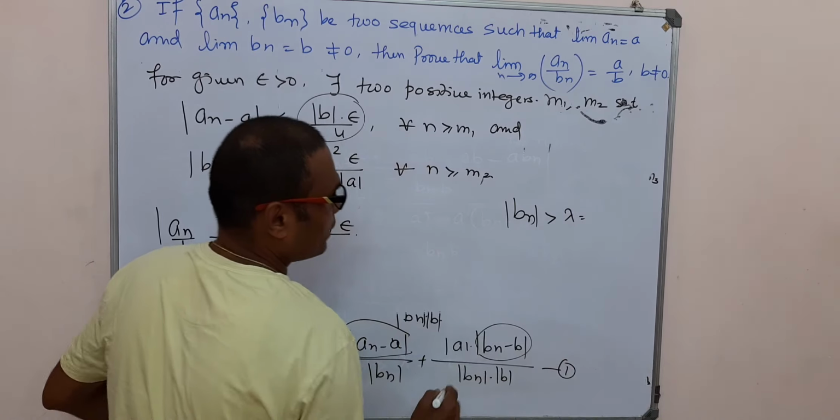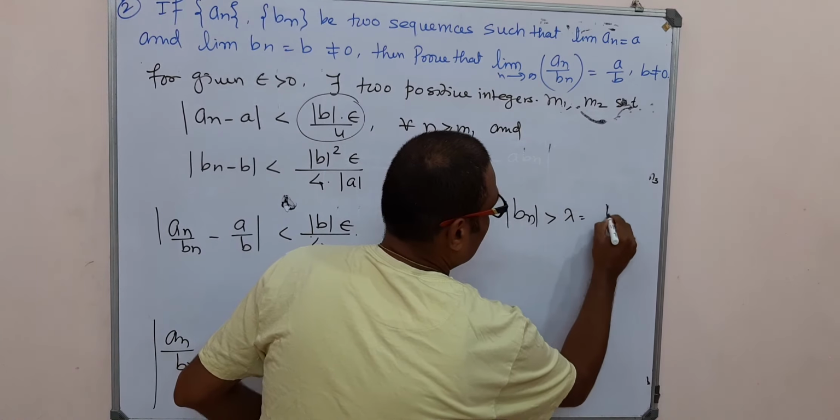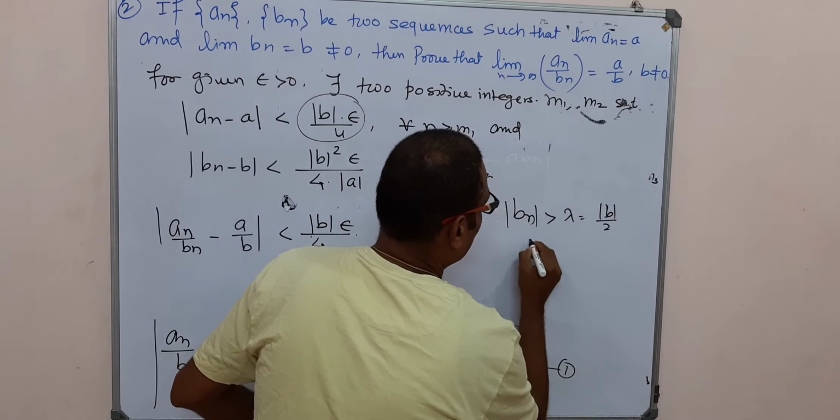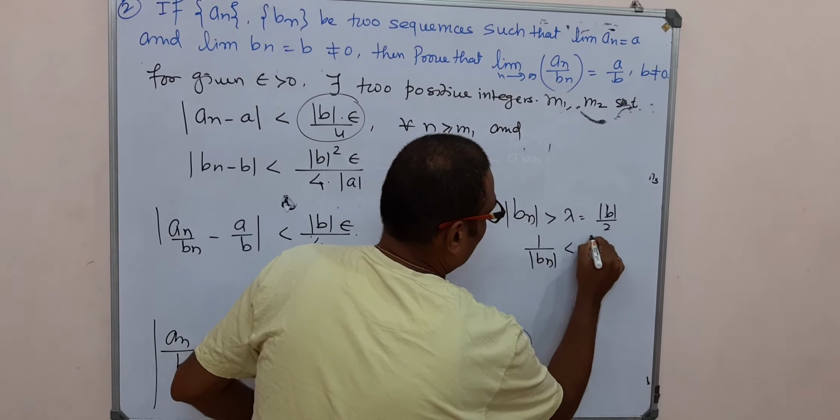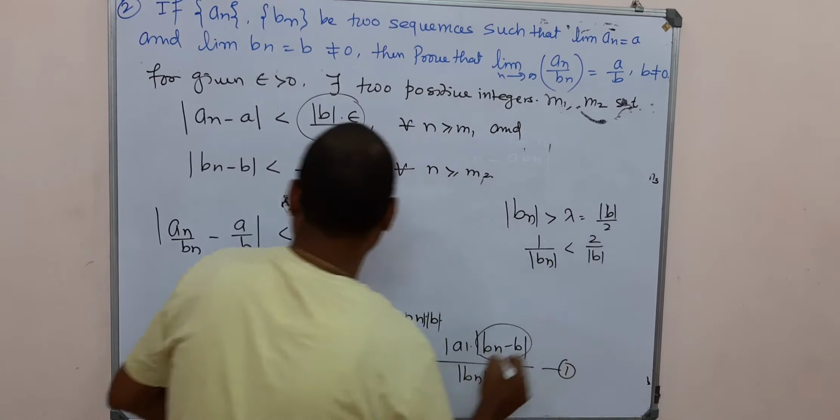What is lambda in this case? Lambda in this case is |b| upon 2. So 1 upon |bn| is less than 2 upon |b|.